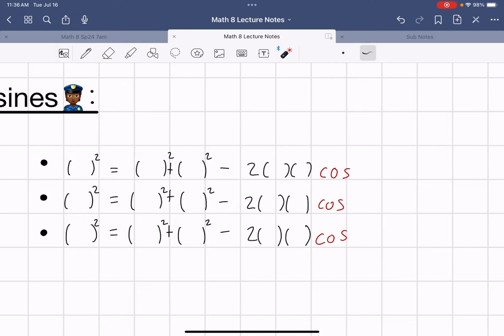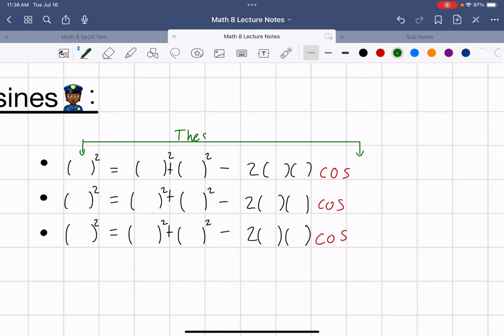Now the way this works, and this is the main concept, is these two sides, these two parts, these are pairs of each other.